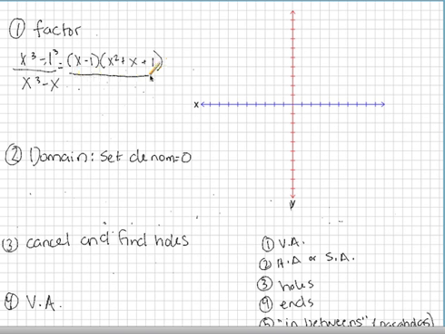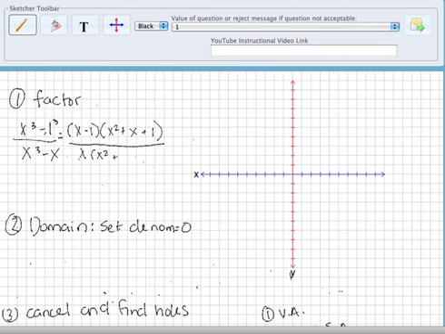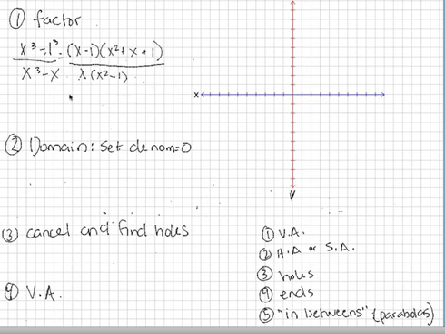On the bottom, we can factor out this x, and we'll end up with x times x squared minus 1, excuse me. And on the bottom, we can go ahead and factor this difference of squares again.